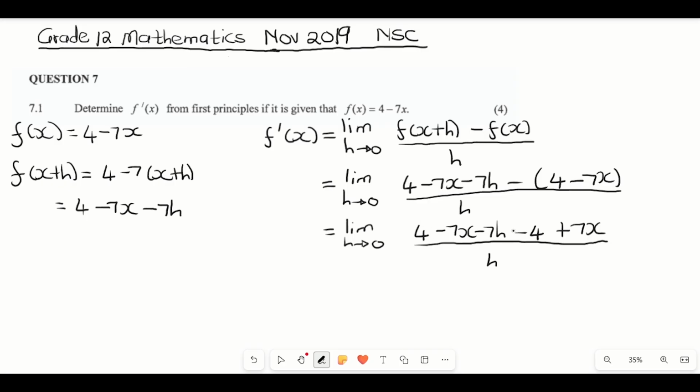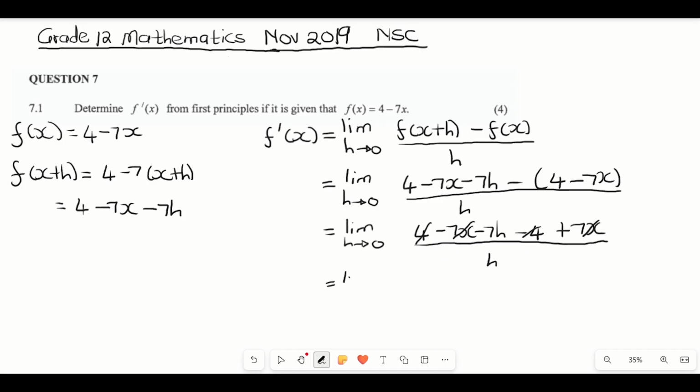We have positive 4 and negative 4, which is 4 minus 4, which is 0. So this 4 and that 4, they cancel each other out. We have negative 7x as well as positive 7x. So this is the same as 7 minus 7, which is 0. So this negative 7 and this positive 7, they cancel each other out. We end up with negative 7h.